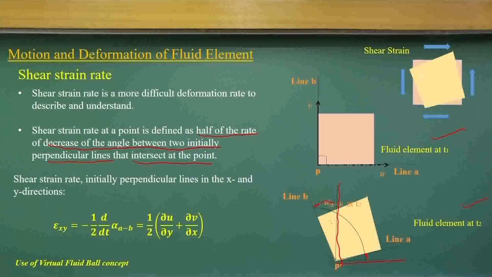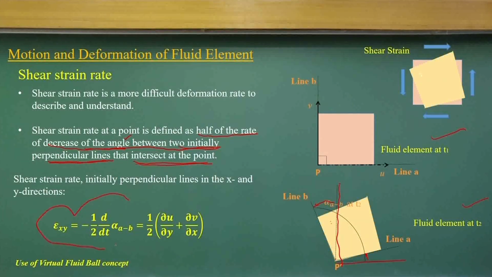You can understand it this way: if shear stress is acting, the strain will be an angular rotation, and since it is a fluid element, we have two axes. With these two axes, we look at the rate of change of the decrease of the angle between two initially perpendicular lines that intersect.